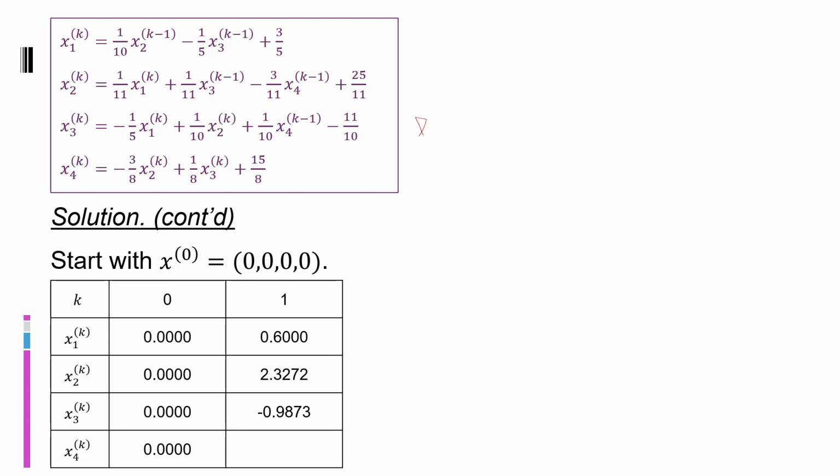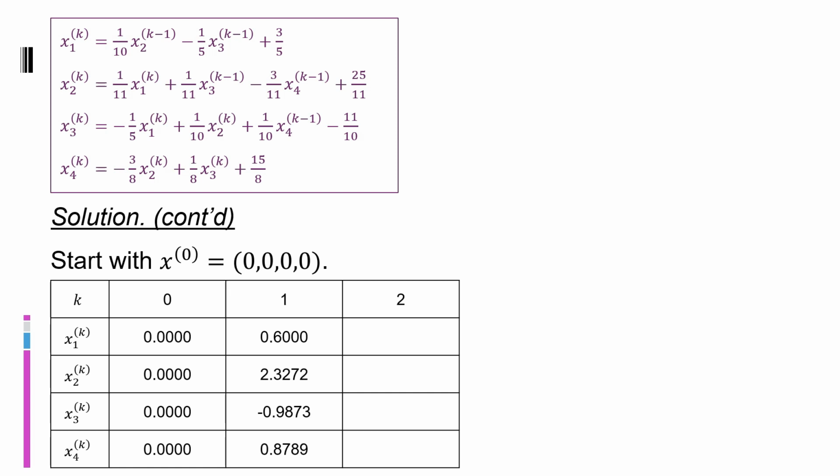And for x sub 4, so eto naman ang gagamitin natin, negative 3/8 times 0.6 plus 1/8 times 2.3272 plus 15/8. So that is equal to 0.8789.